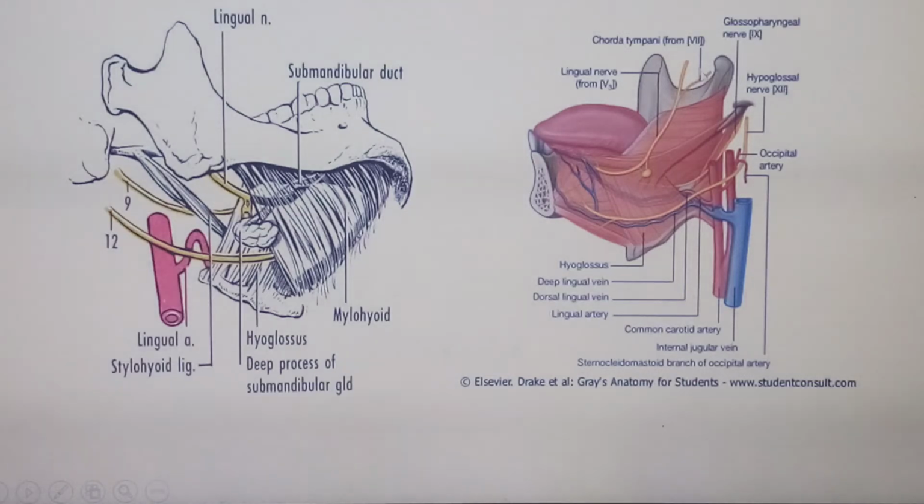Why? Because this nerve, which we call the chorda tympani branch of the facial nerve, through this lingual nerve, gets to the anterior two-thirds of the tongue to give it taste sensation. But it is not only taste sensation that this chorda tympani branch of the facial nerve supplies.